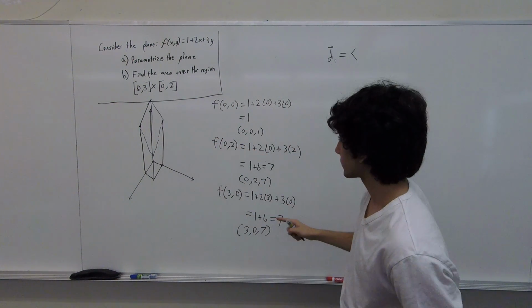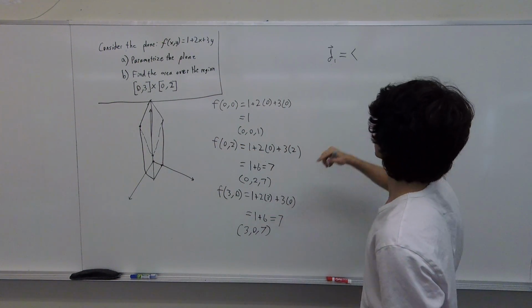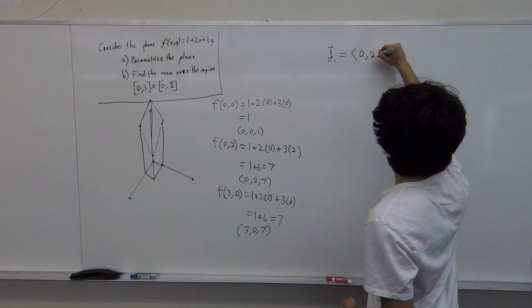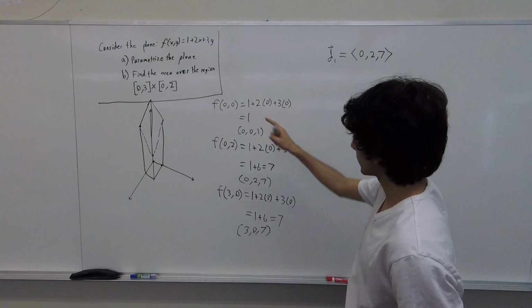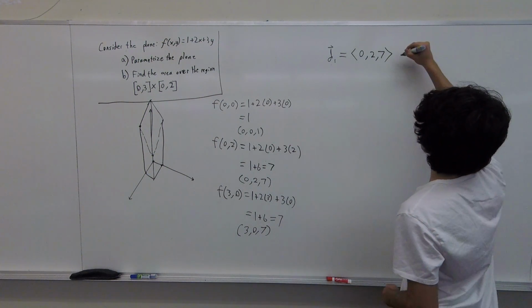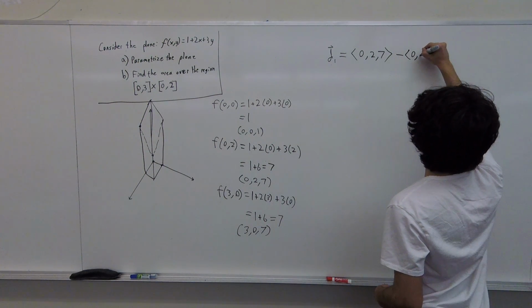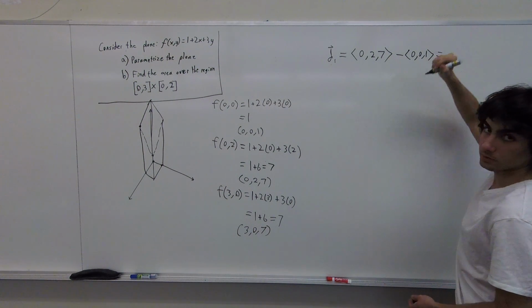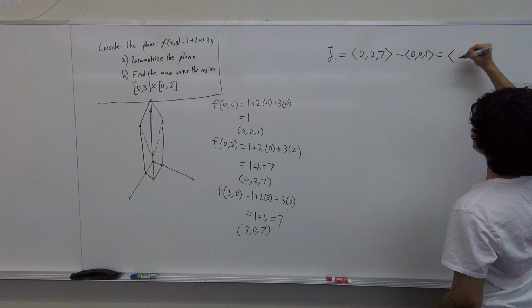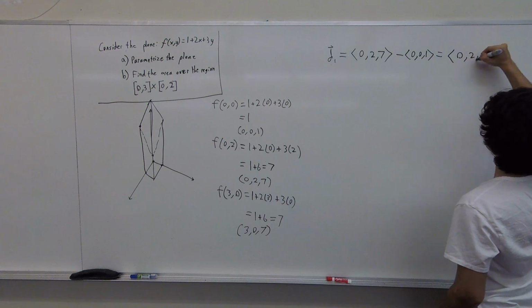This point, as we saw earlier, is 0, 2, 7. And the other point is 0, 0, 1. And when we subtract them, we just subtract each individual component, and we end up with 0, 2, 6.